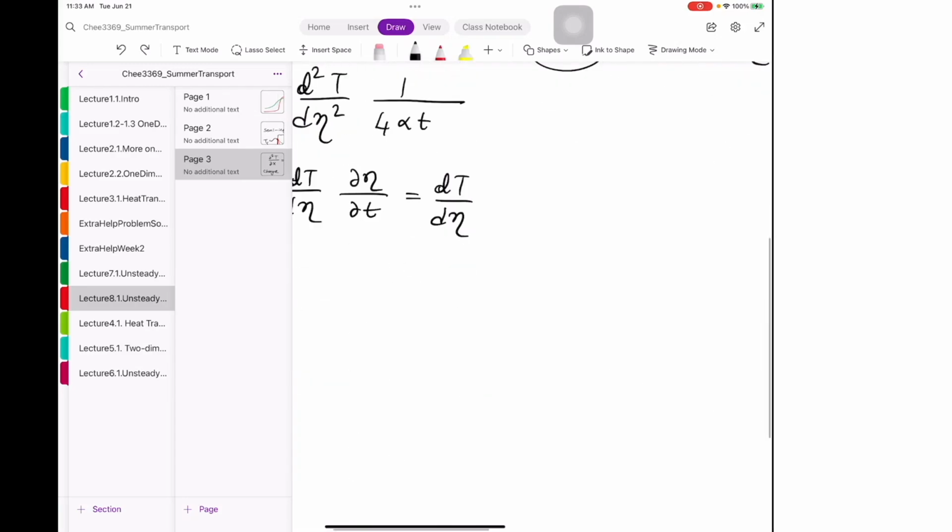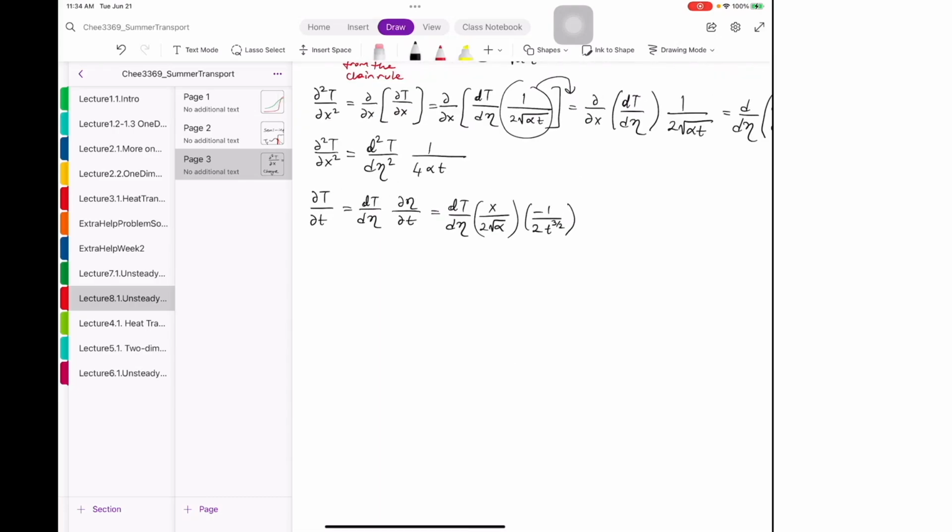So basically the constant terms are x over 2 square root of alpha, and the derivative of 1 over square root of t is, since it was t to the minus 1/2, you get the minus 1/2 here, and then you subtract 1 from negative 1/2 for the exponent. So it looks like negative 1 over 2 times t to the 3 over 2.